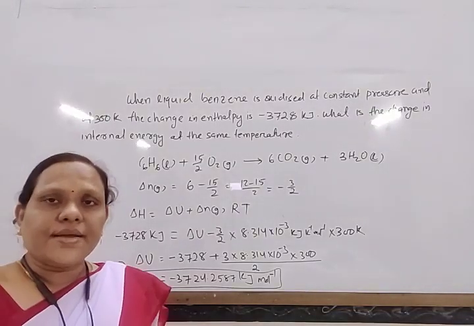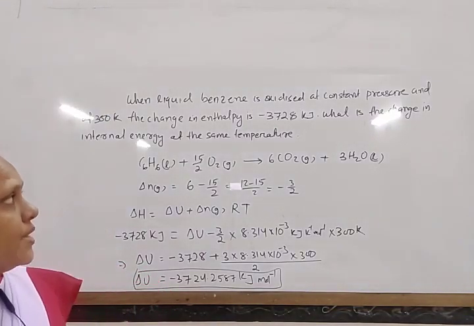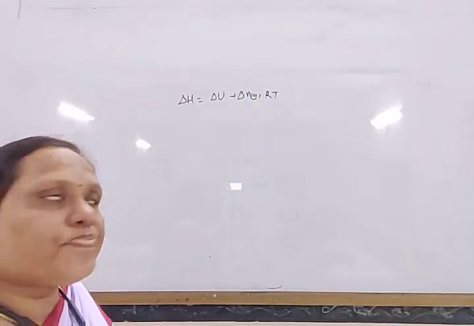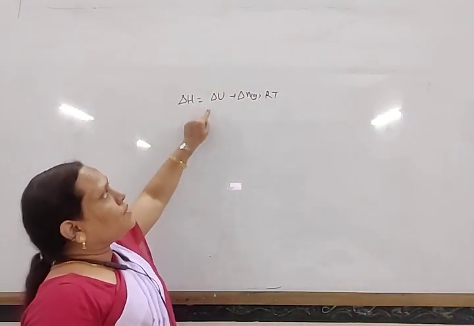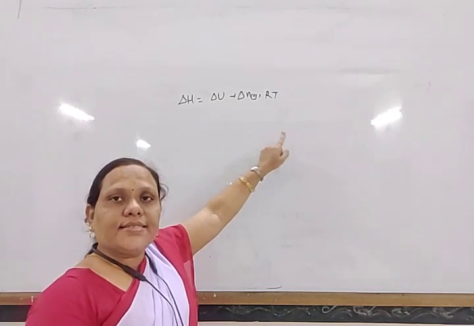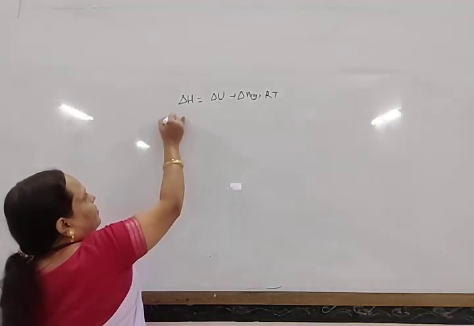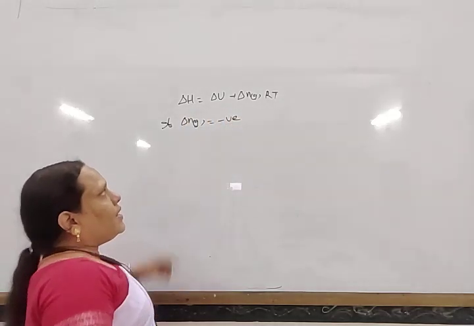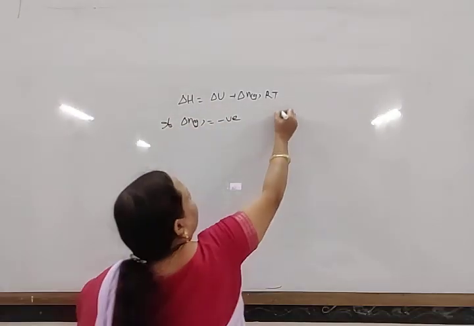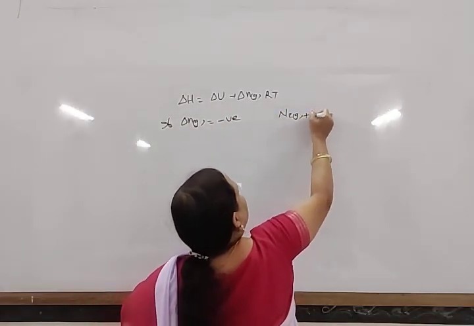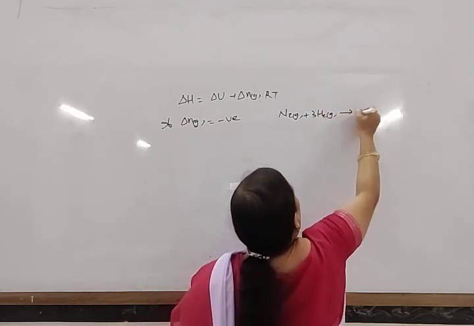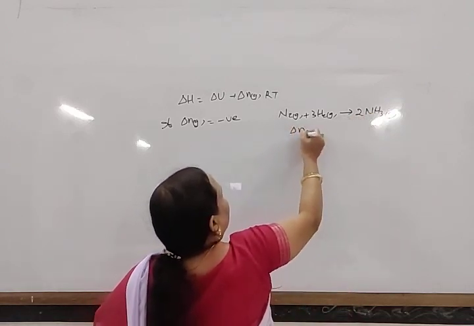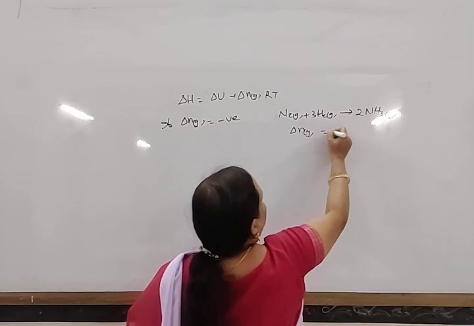Here I want to say another relation also. So del H is equal to del U plus del Ng RT. If the del Ng value is negative, for example N2 gas plus 3H2 gas gives 2NH3 gas, here del Ng is 2 minus 4, which is minus 2.